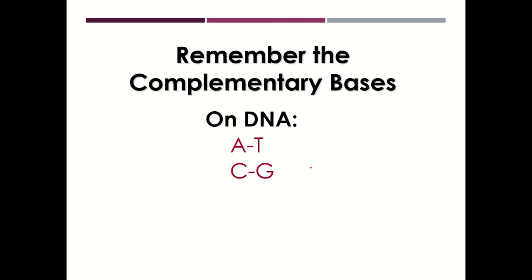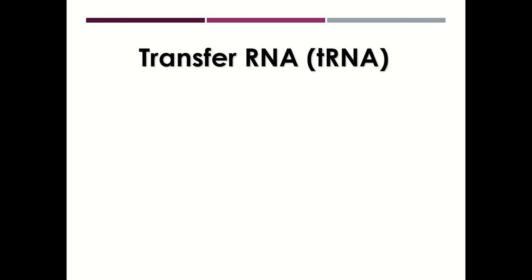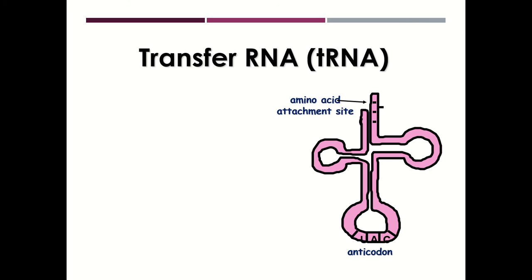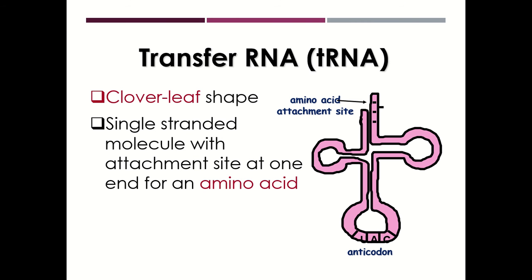On DNA, we have adenine, thymine, cytosine, and guanine, and on RNA, adenine and uracil, and cytosine and guanine. So, those are the bases. So, for transfer RNA, so our tRNA, we have the amino acid, so that's the attachment site. We have that anticodon. We have the clover leaf shape. So that is a single-stranded molecule with an attachment site at one end for the amino acid.